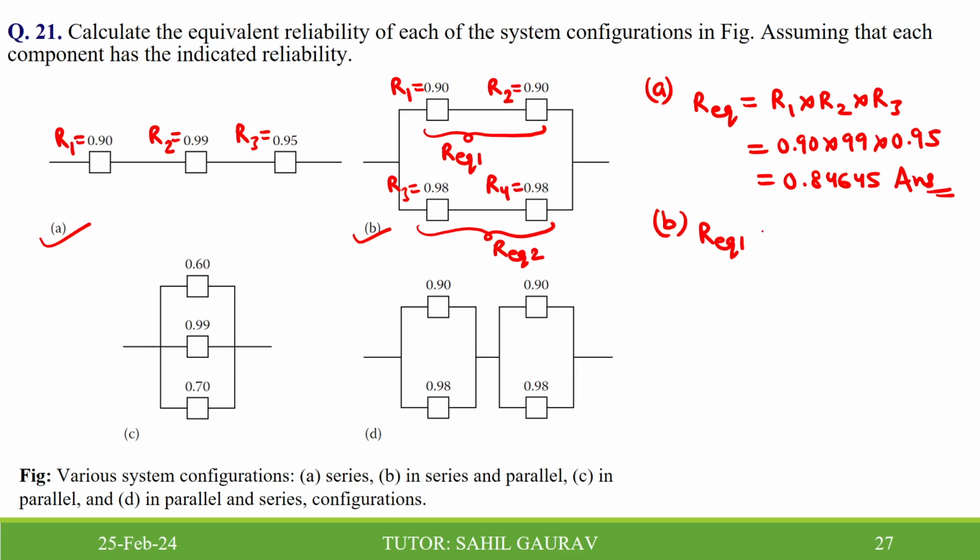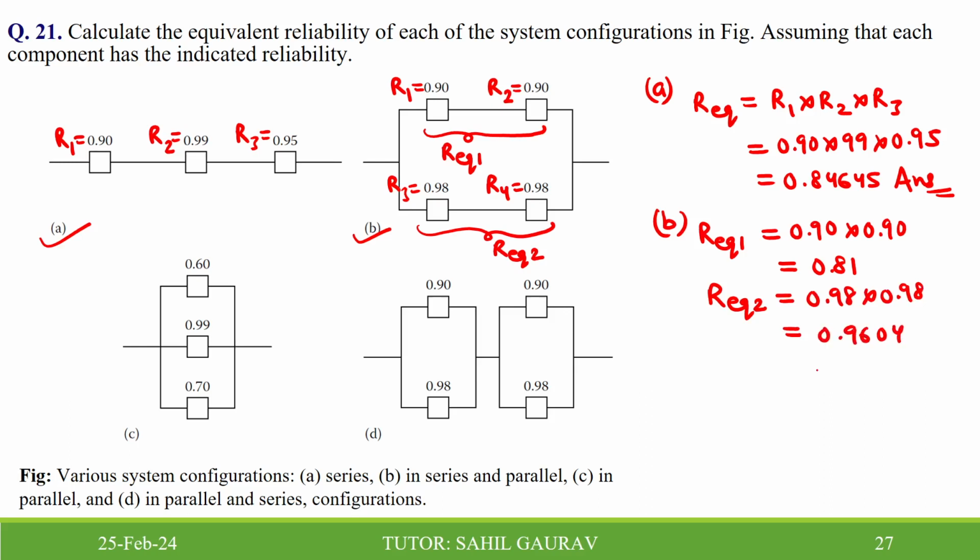So R equivalent 1 will be 0.90 into 0.90, so you will get 0.81. Now for R equivalent 2, you will get 0.98 into 0.98 because this is a series combination, so you will get 0.9604.